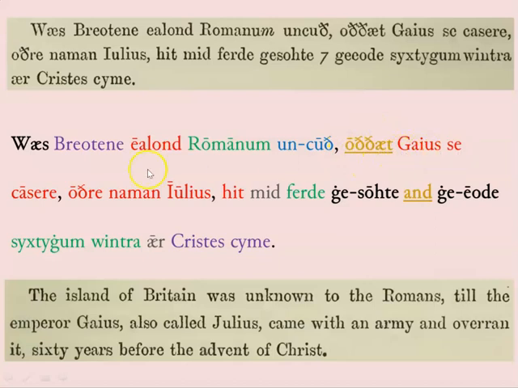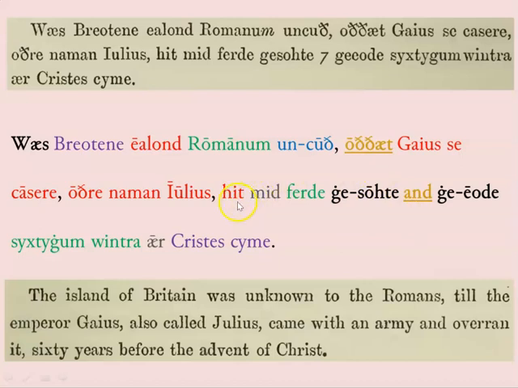So now we have the subject, and then further information on the same subject, otherwise known as, also called Julius, and then comma. And now we have a subordinate conjunction. The comma indicates that. The commas have been doing that all along. And then we have the subject with an army, sought after, came with, to seek.